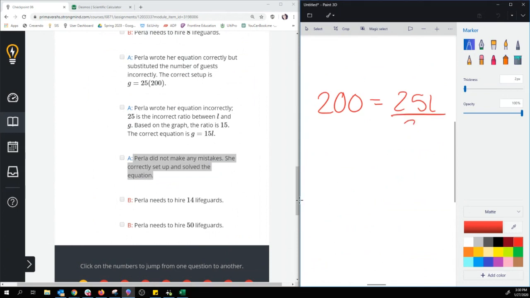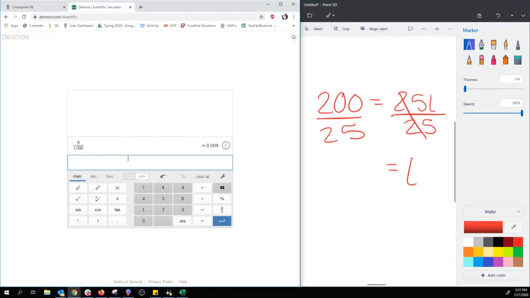Dividing by 25. Perfect. So when we divide both sides by 25, this is going to cancel. 200 divided by 25 will give us what number?